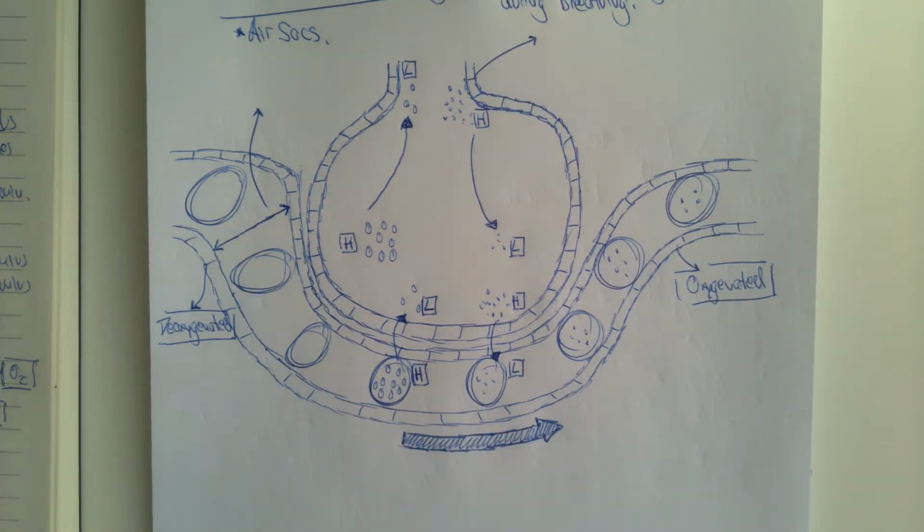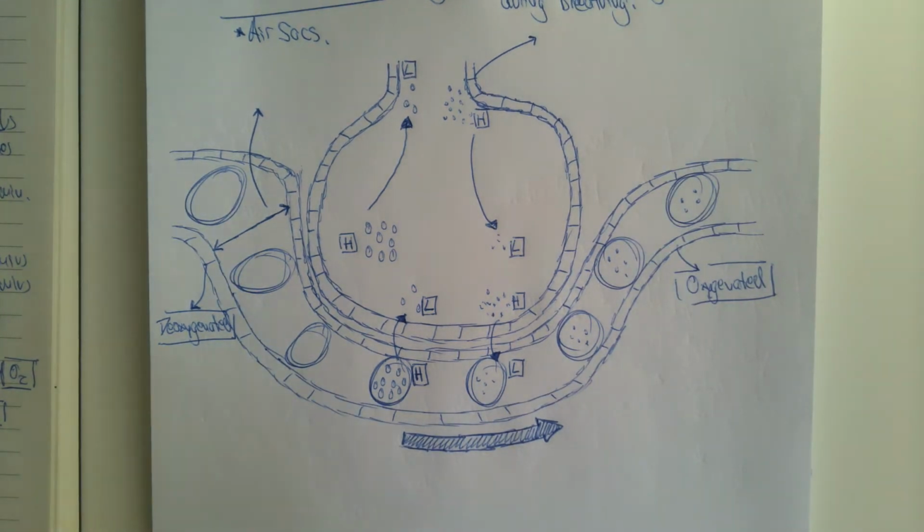And as part of that expansion and contraction, they allow for carbon dioxide to be removed from the blood into the air sacs and then expelled out of the lungs, out of the body, and also oxygen to be taken in from the air surrounding into the air sacs and then to move into the blood within the body, so it can be transported around the body for use during respiration.